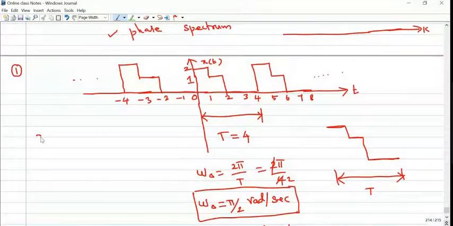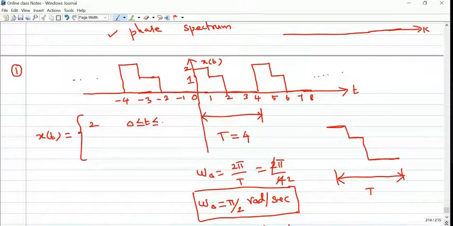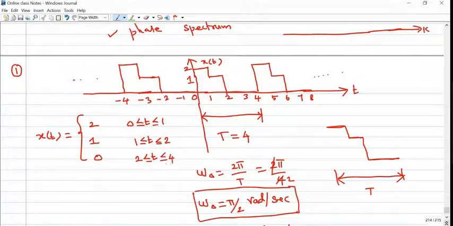Directly we can write the x of t expression for this particular signal: 0 to 1 magnitude 2, 1 to 2 magnitude 1, and 2 to 4 zero.